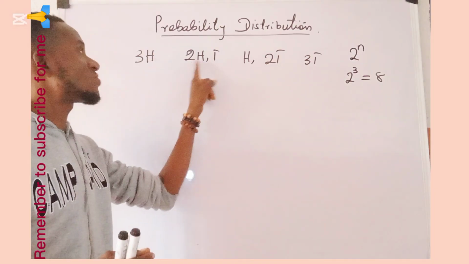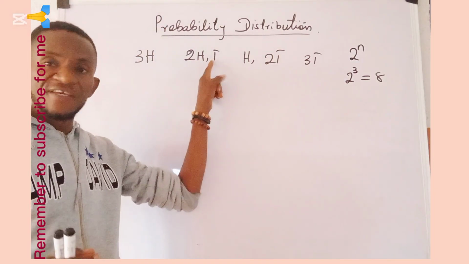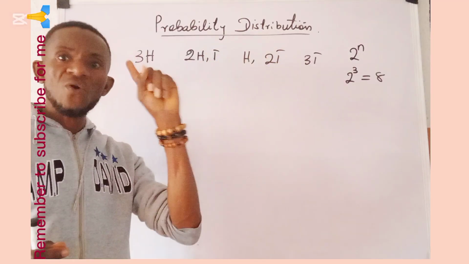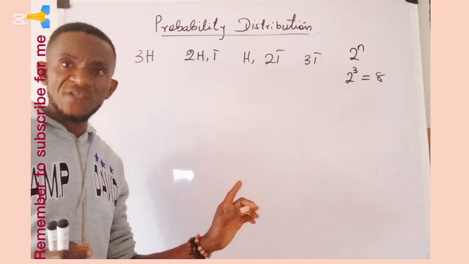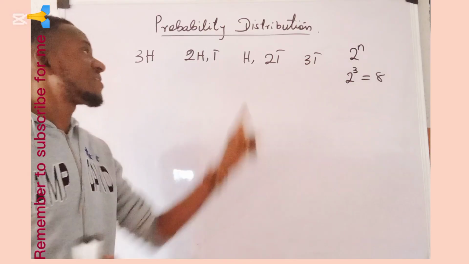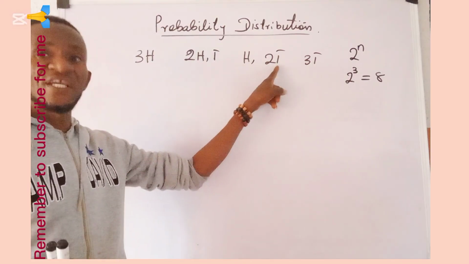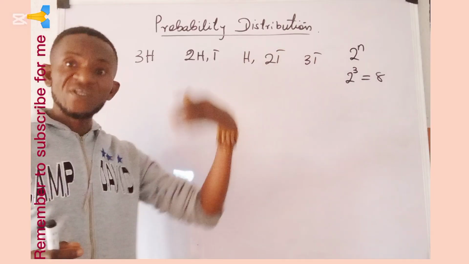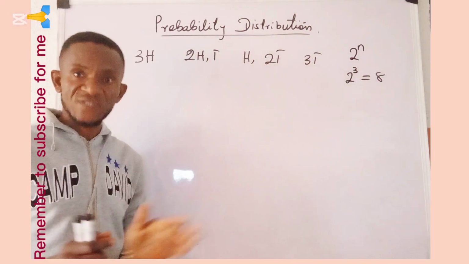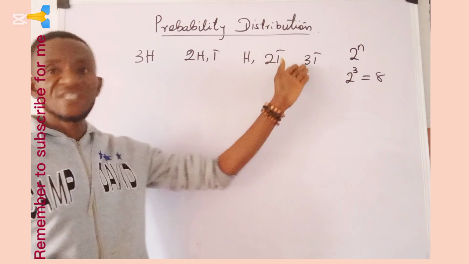In that case, you have 2 heads and a tail. It's also possible that you obtain only a head in one of the coins, and then the remaining 2 coins are going to be tails. It stands for a head and 2 tails. It's also possible that in all 3 of them you are going to have tails across the board. So this is the representation.